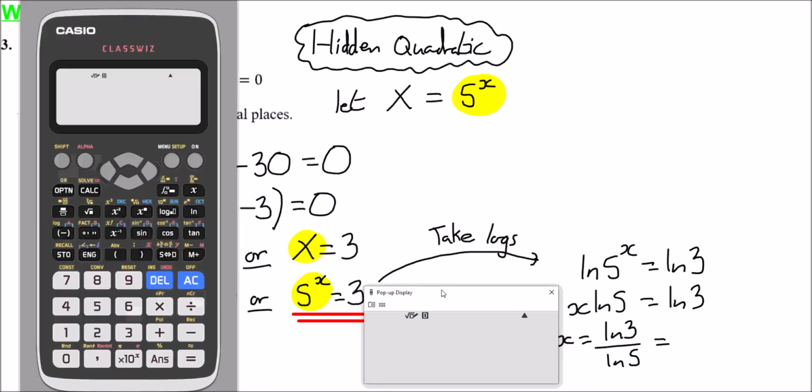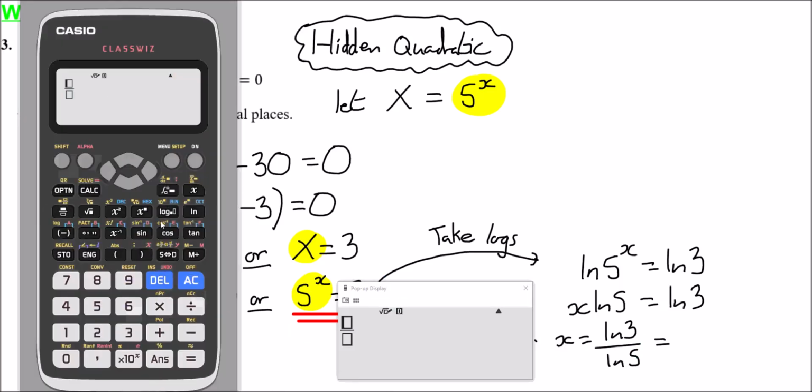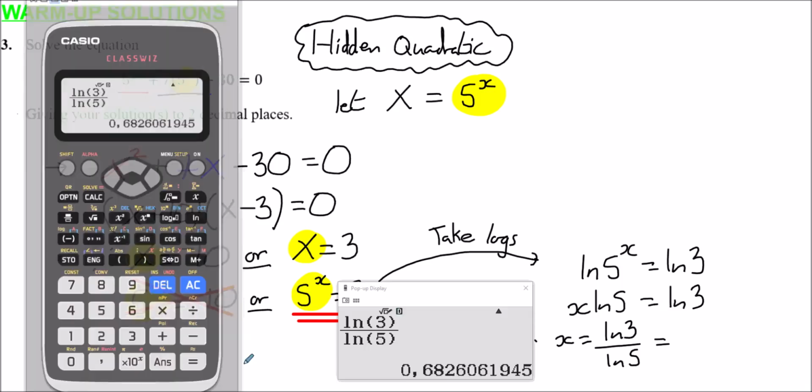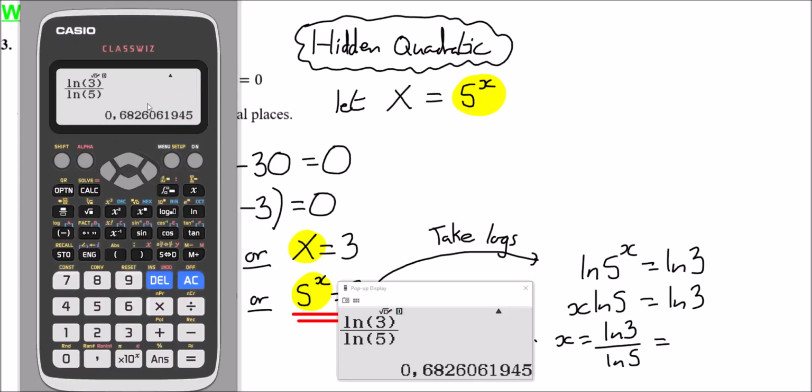Evaluate this using the calculator, give answers to 2 decimal places, as it says, so ln 3 all over ln 5. We get here, is it 2 decimal places? Yes, 2 decimal places. So we've got 0.683 to 3 decimal places, but it asks for 2, so it's going to be 0.68.